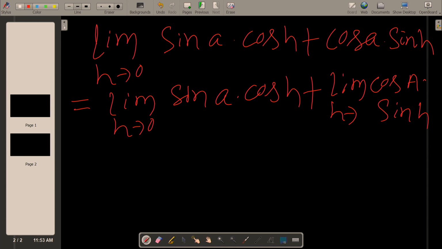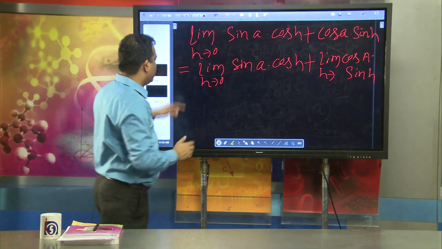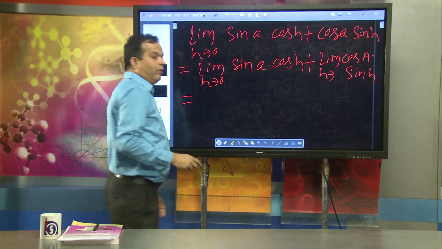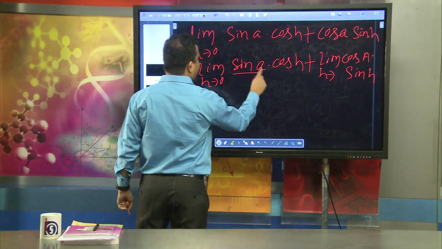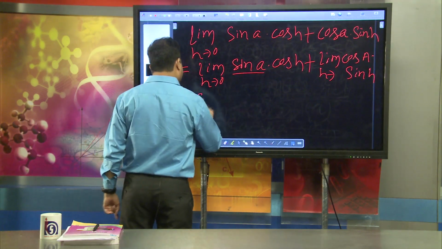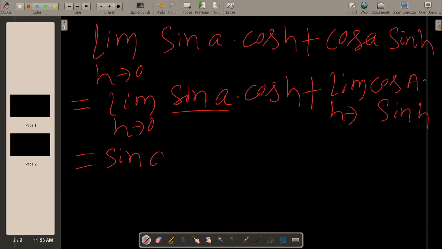Okay. What have we done? We have just split the total thing into two parts. Now, sin a is a constant here. I can write sin a into limit h tends to 0 of cos h.